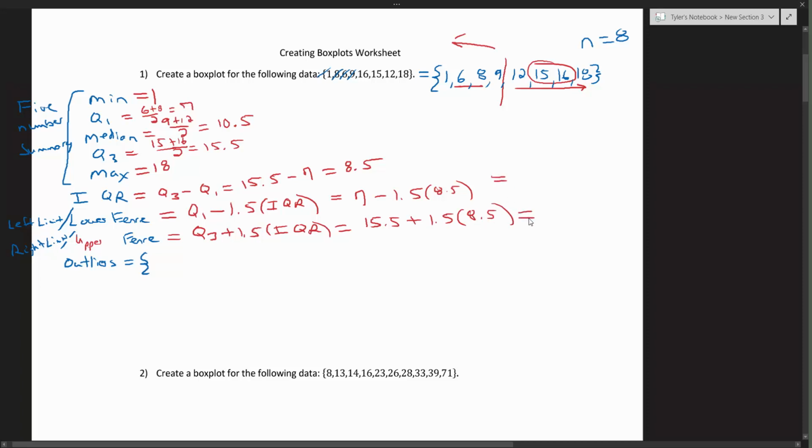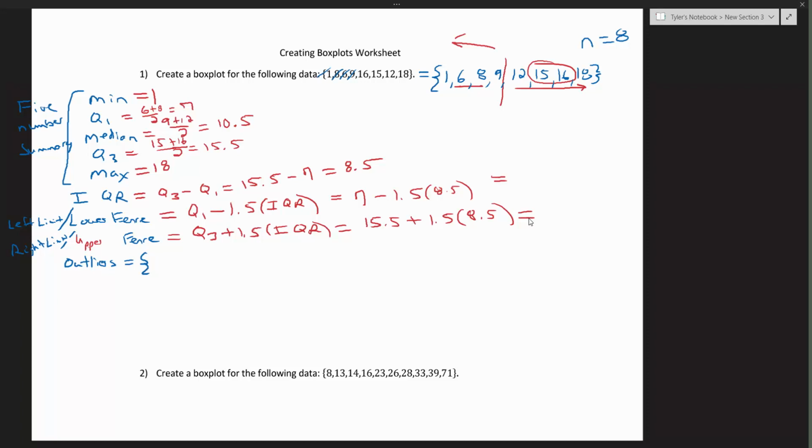Right? Something to keep in mind is these lower and upper fences, they never appear in your box plot, right? The whole idea with those is that they're a line in the sand to help us identify what are potential outliers, right? Because outliers are going to, remember, show up as like a circle on the box plot, right?